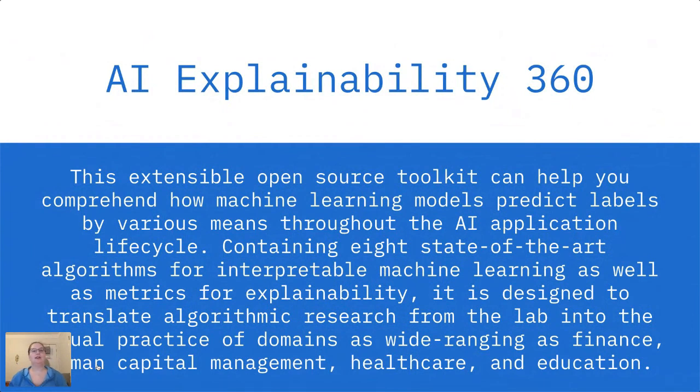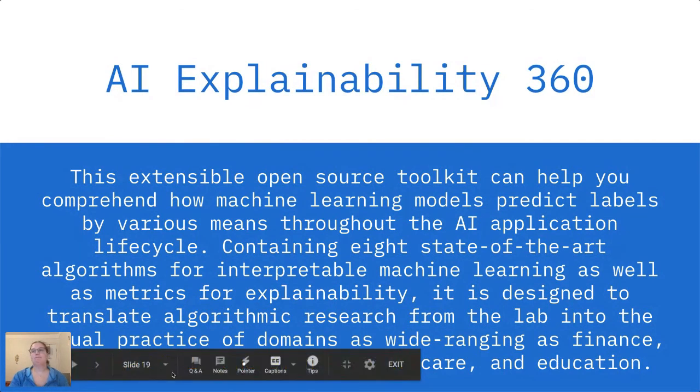It's designed to translate the algorithmic research from the lab into actual practice, just like the previous toolkit, and again, covering domains such as finance, human capital, healthcare, and education.